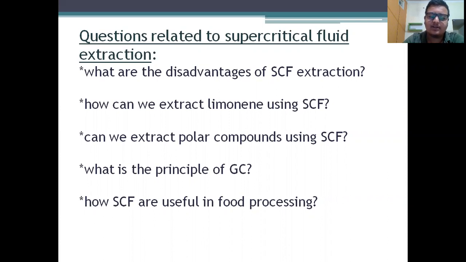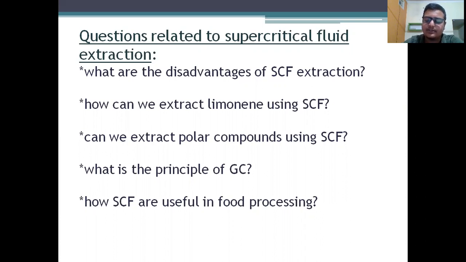And then at last, how are supercritical fluids useful in food processing? The supercritical fluids are useful in food processing in order to extract several oils. In order to extract the fat content in the food, we can use supercritical fluids.